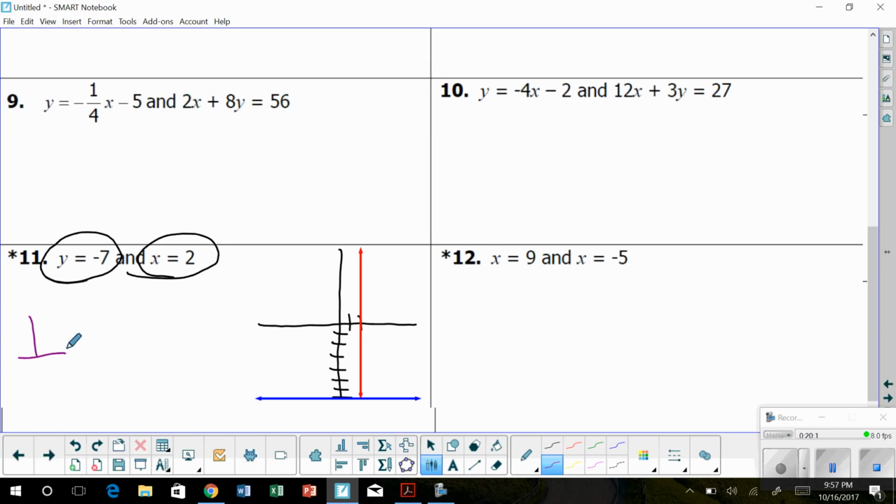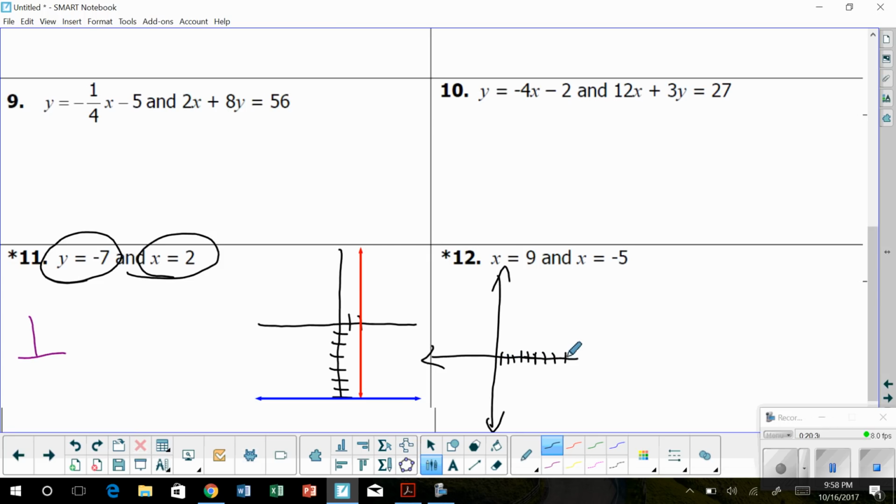Okay. What if we were looking at this one? So we've got 1, 2, 3, 4, 5, 6, 7, 8, 9.